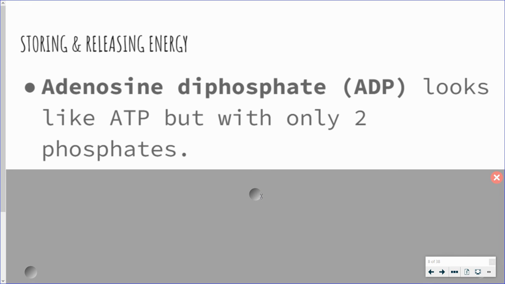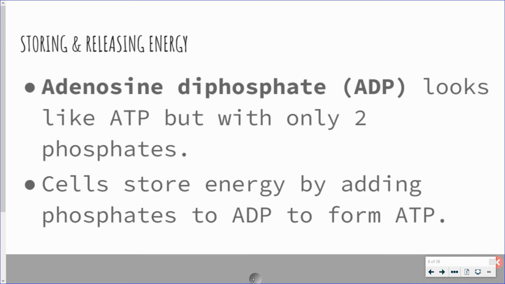So let's talk about storing and releasing energy. We start with adenosine diphosphate, di meaning 2. Looks exactly like ATP, but with only 2 phosphate groups instead of 3. Cells store energy by adding a 3rd phosphate group to ADP, changing it from ADP to ATP.